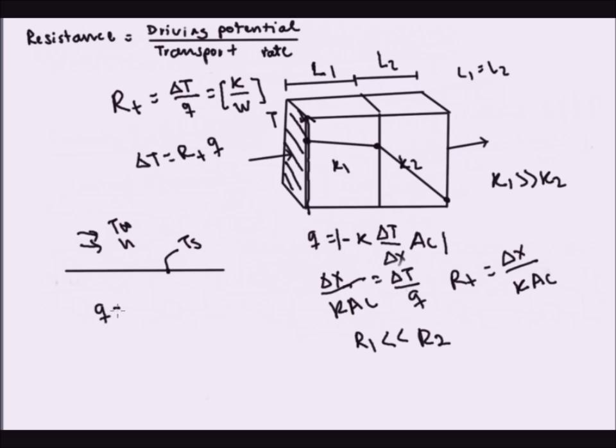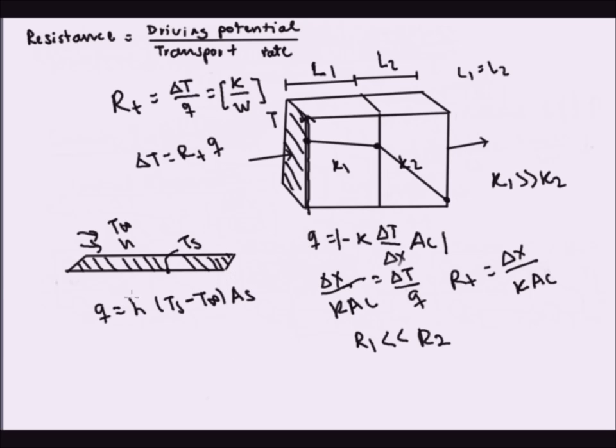So it's Q equals h times Ts minus T infinity, assuming heat will flow in this direction from the surface to the surrounding fluid, times the surface area. Imagine the surface area in this case to be something like this. Okay, so this is As.